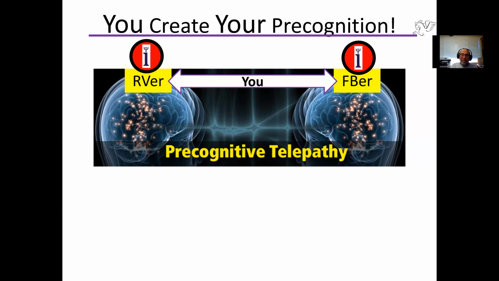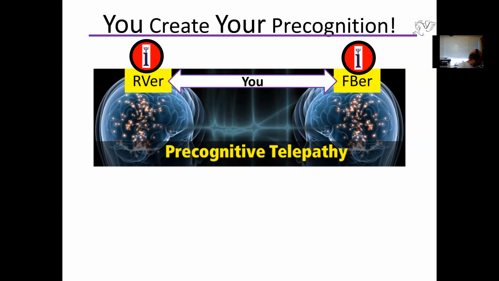You're doing this entanglement. This is, in a very real sense, precognitive telepathy. It's mind to mind. It happens to be your mind, but your mind is different when you're doing the feedback session than it is when you're doing the remote viewing.